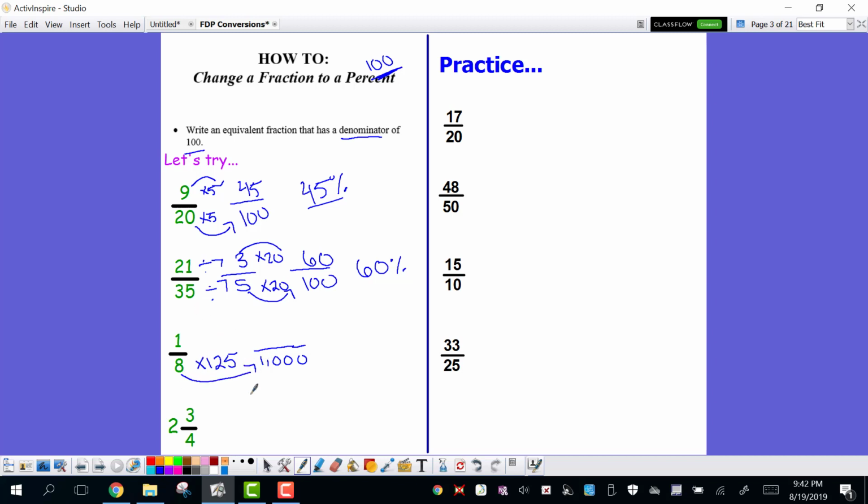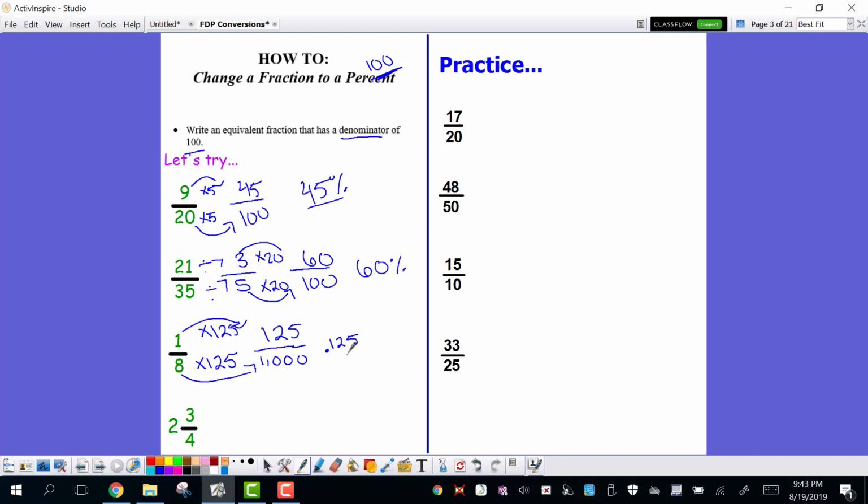Same rule. What you do to the bottom, you do to the top. So 1 times 125 equals 125. So now this, I cannot write 125% because it's not out of 100, it's out of 1,000. So if I were to write this as a decimal, I would write 125 thousandths.